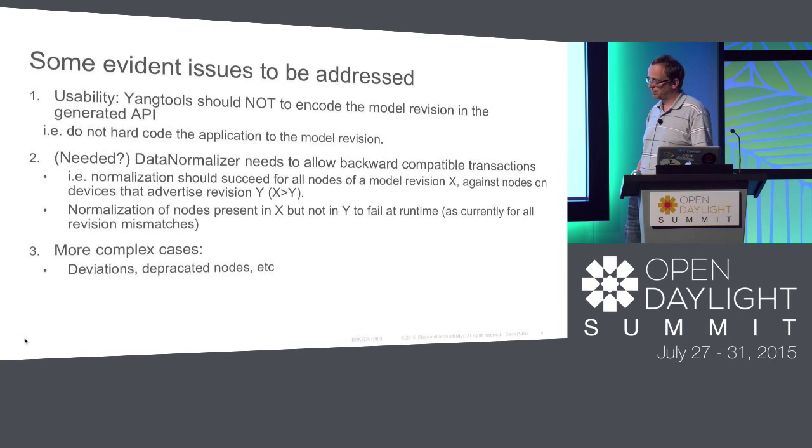Yes. But if you try to configure something which was added in the newer revision, I cannot omit that. I can only throw an error at you, because I don't understand your intent. May I omit this data, or is this data critical to your configuration? Okay. I cannot do that. That's the only error state.